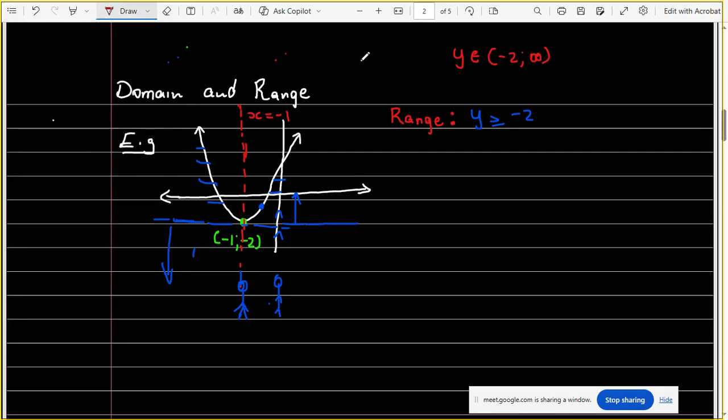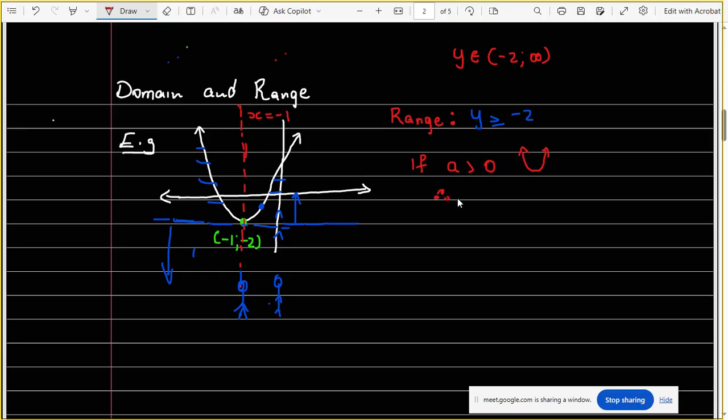Okay. So let me give you a tip. Listen, if the value of a is greater than 0, your graph is concave up, right? Yes.